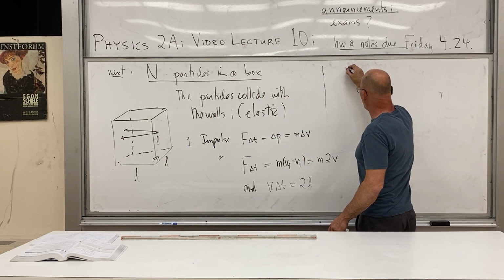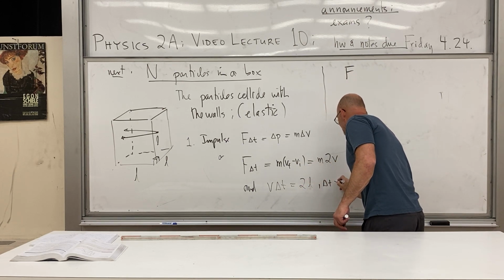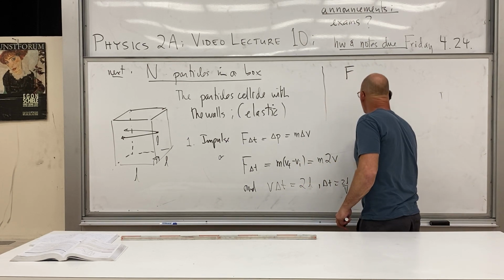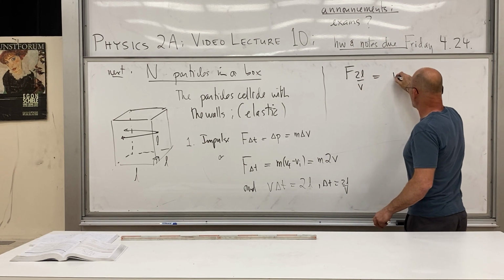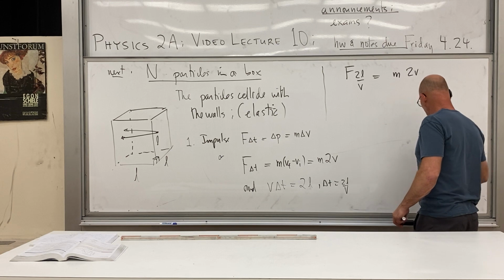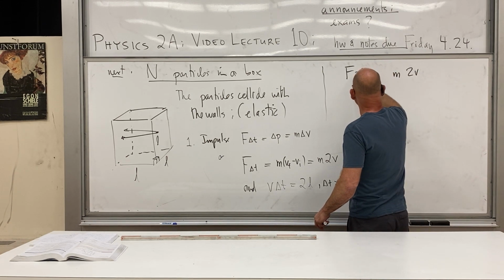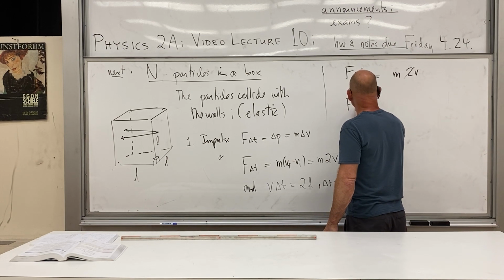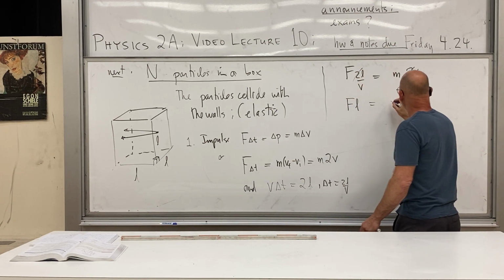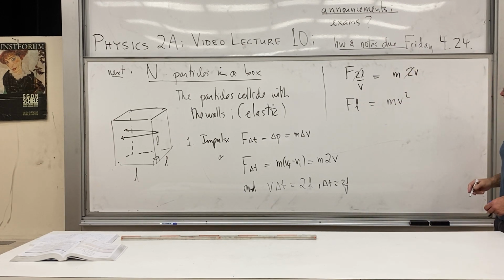So now we have F times delta T, where delta T is equal to 2L over V, so F 2L over V is equal to M times 2V, and that simplifies, with the 2's canceling, to FL is equal to MV squared by cross multiplying over, okay? FL is equal to MV squared.